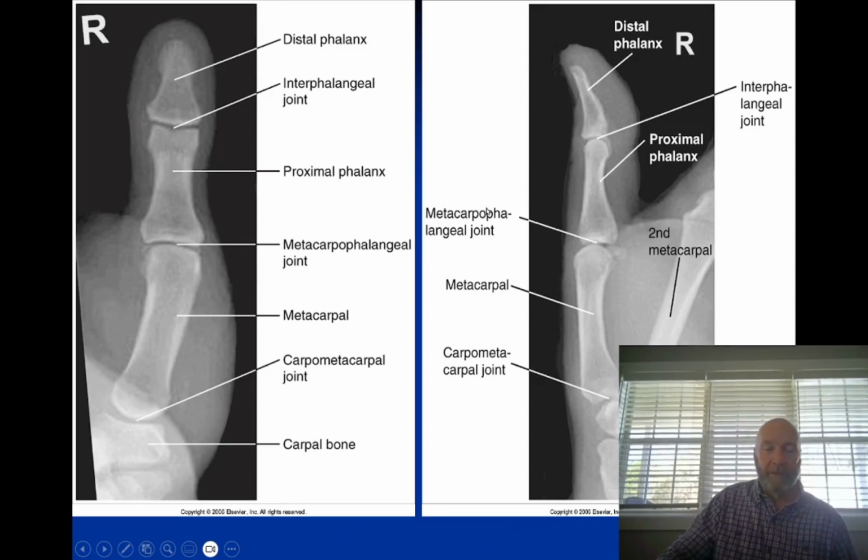Now I'd mentioned before that we were going to talk about a little bit of a difference on CR and DR, and two things come to mind. One is that on a CR cassette, you can actually put two images on one image receptor. You probably don't see that just a whole lot, but since we have such small anatomy, you can put two on one.